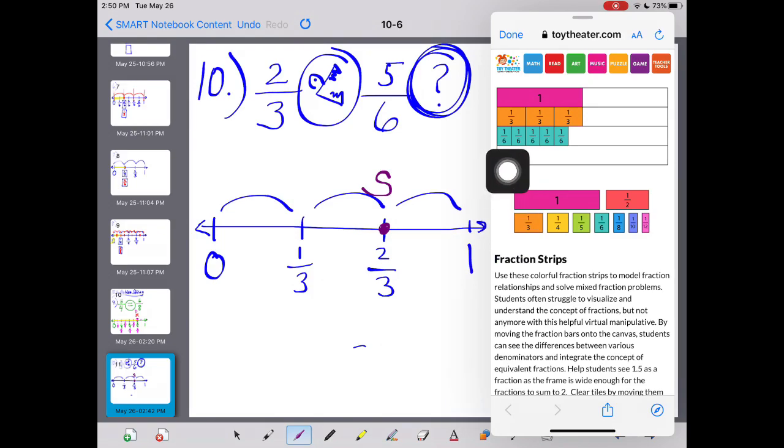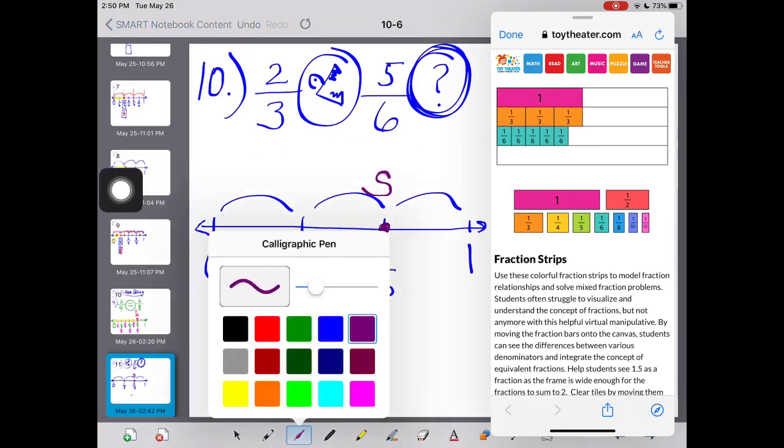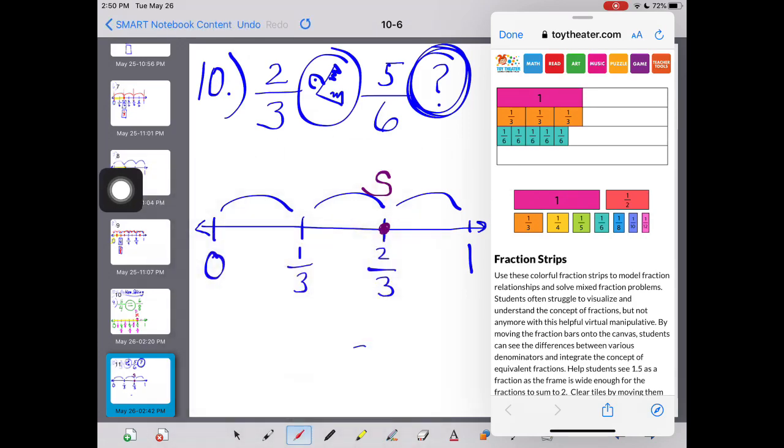Okay? Now we want to take this same number line and divide it up into sixths. Now if you notice, looks like 2/6 fit equal with 1/3. See how they fit like that? So we could take the third and just draw a line in between and create 6. So I'm going to do that. I'm going to go red. And I'm going to take between 0 and 1/3, I'm going to draw a line. And that's my 1/6.